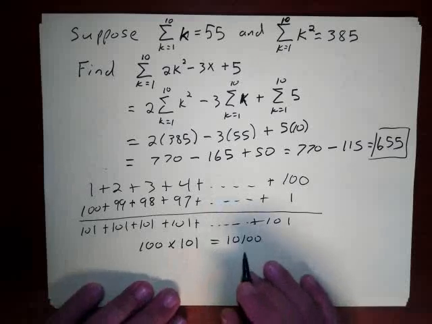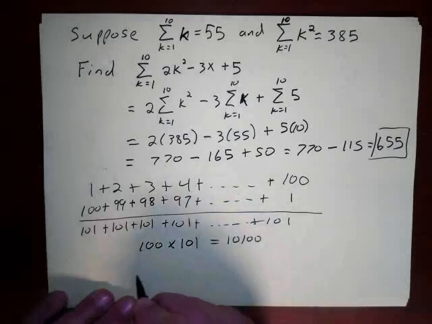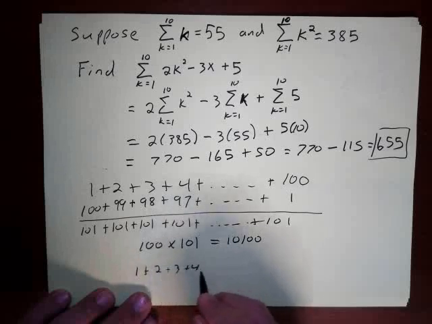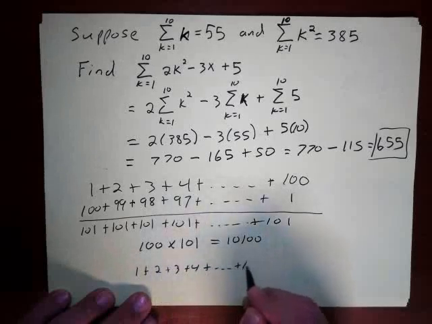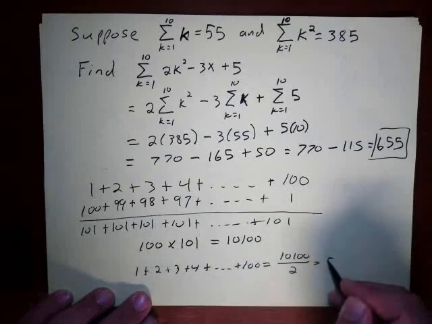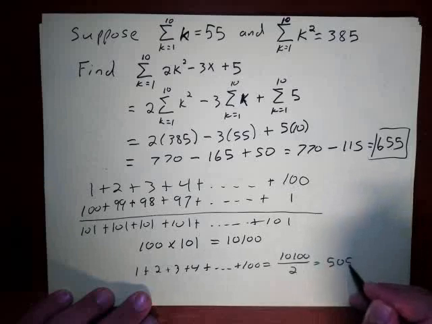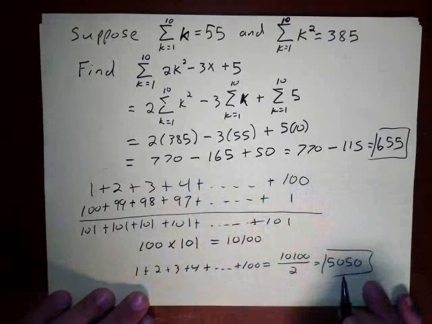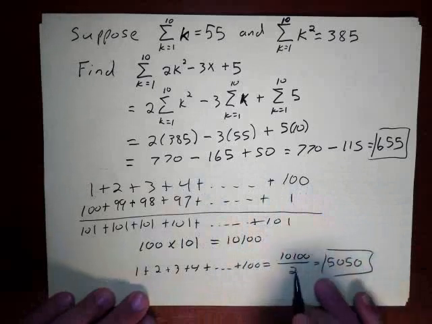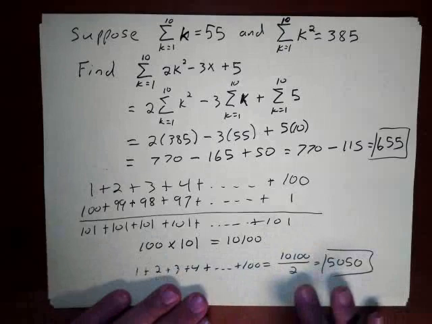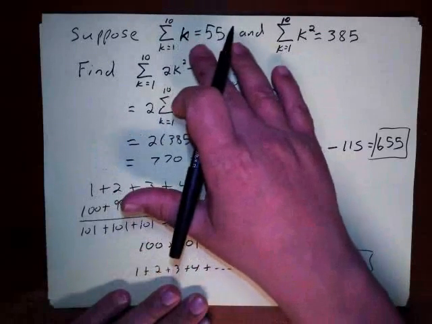And so all he needed to do, 1 plus 2 plus 3 plus 4 plus on up to 100, is to take this number and divide it in half, which was 5,050. And that's what you get when you add the numbers 1 to 100, 5,050. Okay? And this is actually the formula for this.